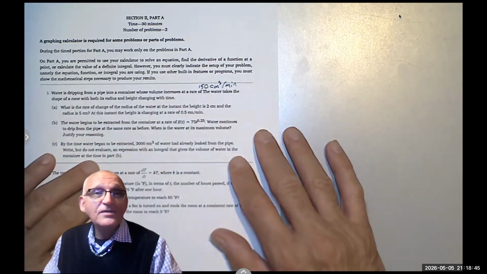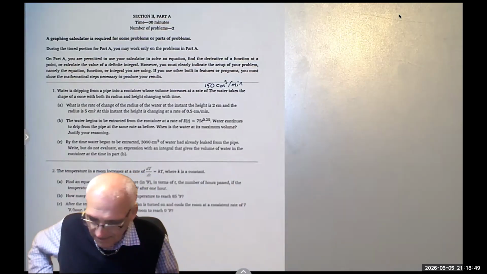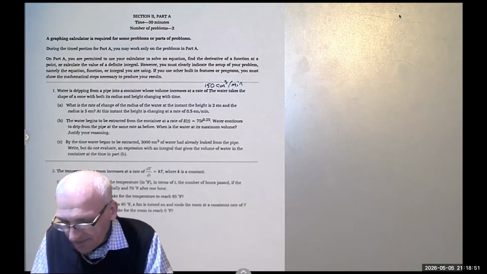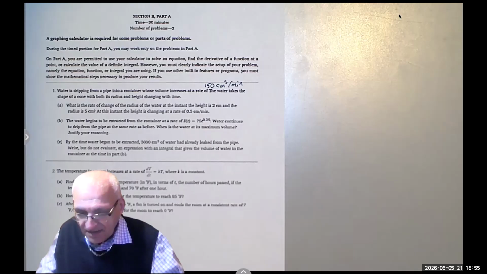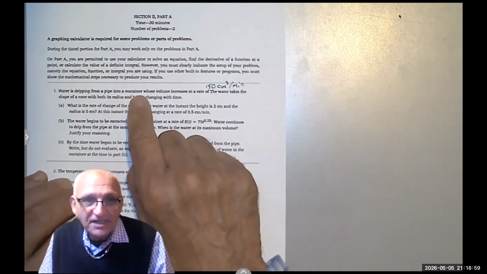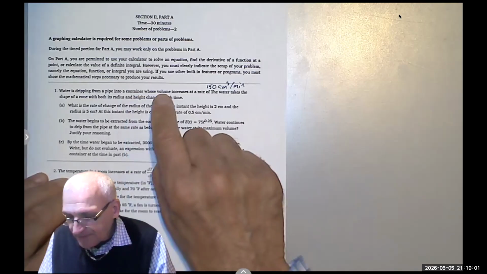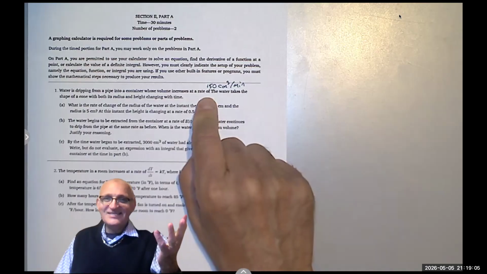So that we don't waste time, let me start with the calculator part. There are two problems, as you know. It's a 30-minute test. In the first one, it says water is dripping from a pipe into a container whose volume increases at a rate of, and then they didn't write what rate.